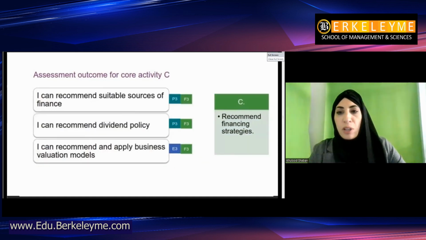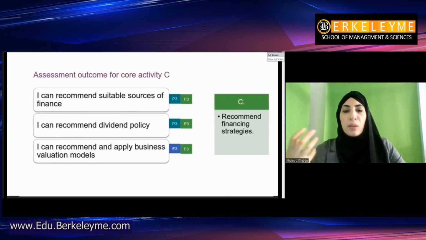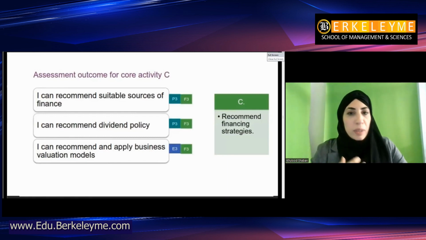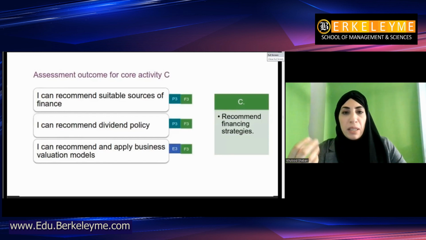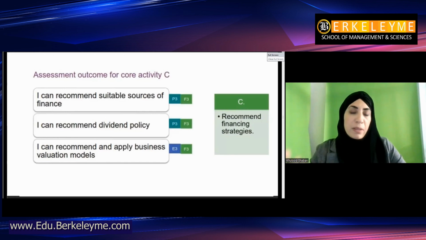Now, thirdly is to recommend financing strategies, of course, the sources of finance, depending on where your company stands in terms of debt and equity, in terms of need for financing. We will be going through the weighted average cost of capital and different things that will help you also be able to recommend which is the best source of financing.